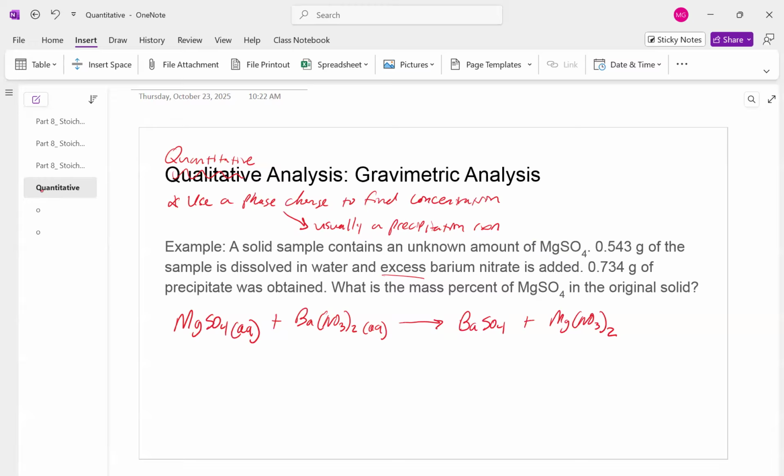Look and see if one of those would form an insoluble precipitate in water. And that's going to be the barium sulfate. So sulfates are soluble, except barium is one of those exceptions.